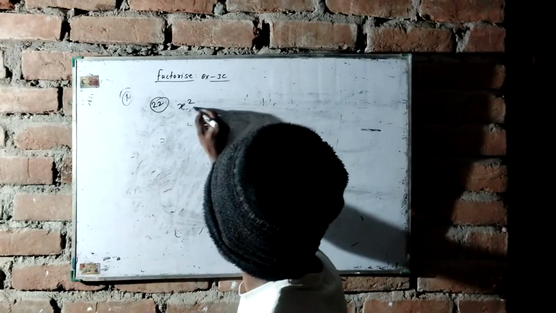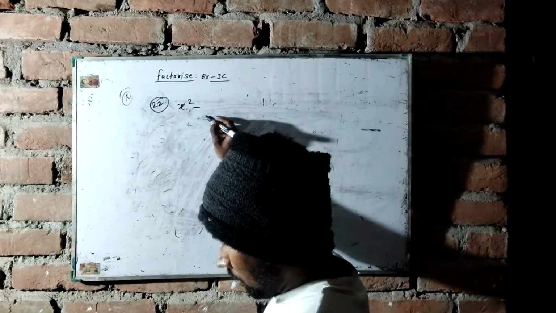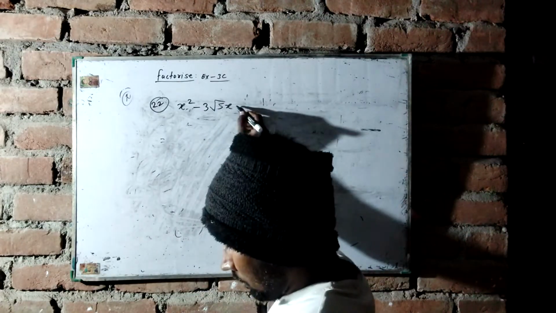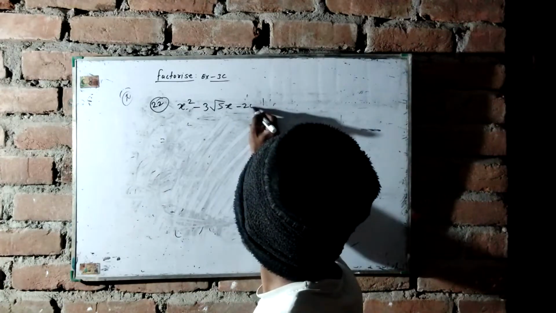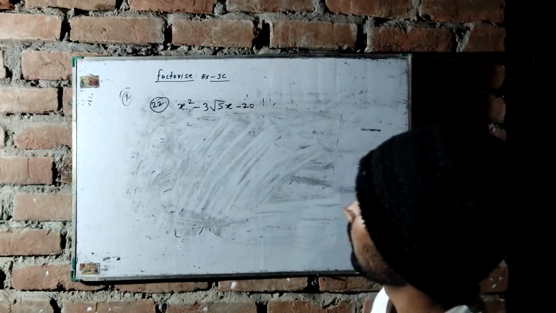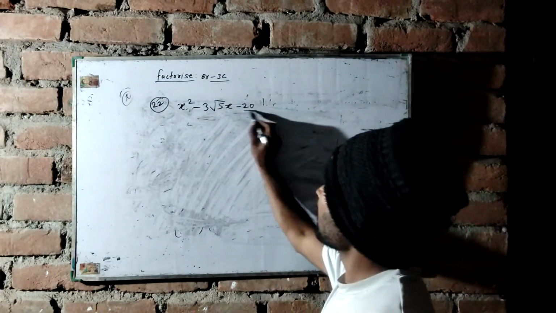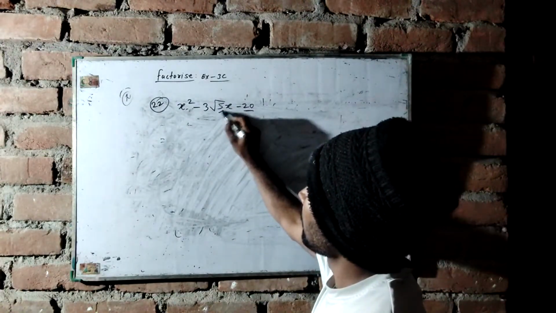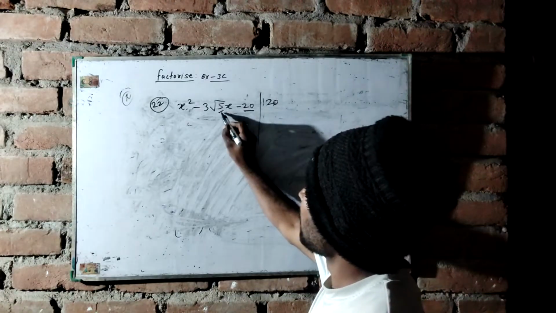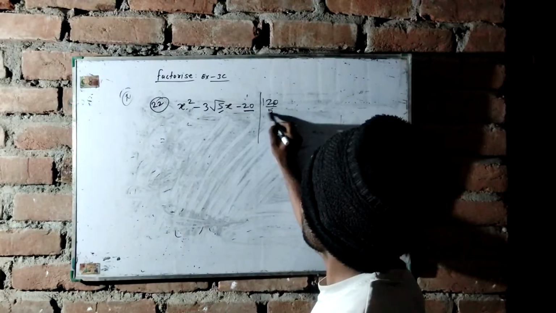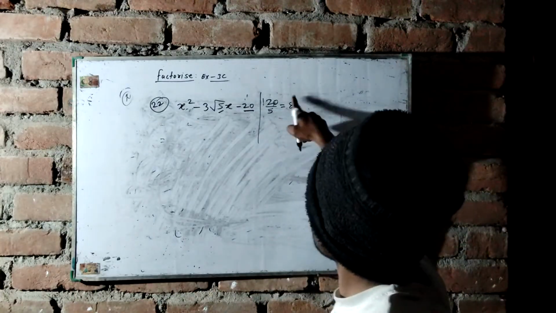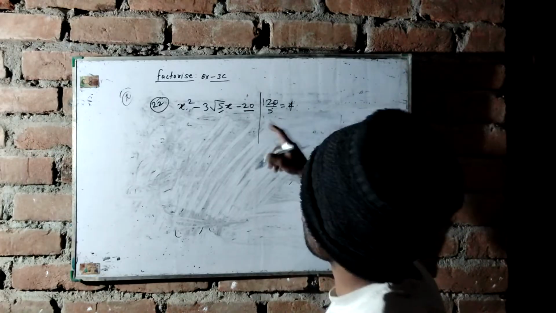x squared minus 3 under root 5x minus 20. For solving this type of polynomial, first of all, we have to divide this constant number with this number. After dividing, you get 4 as a quotient.